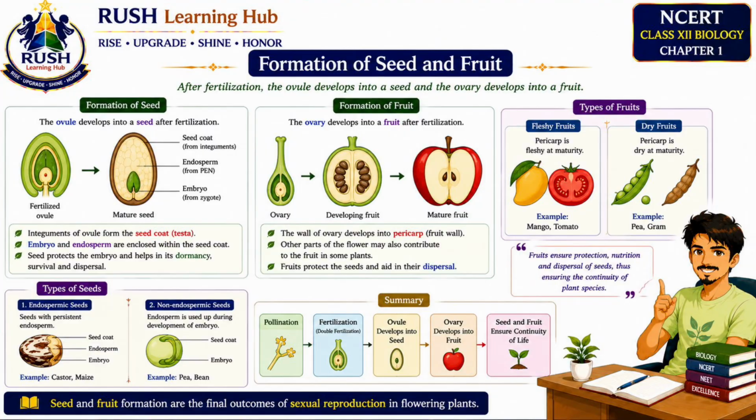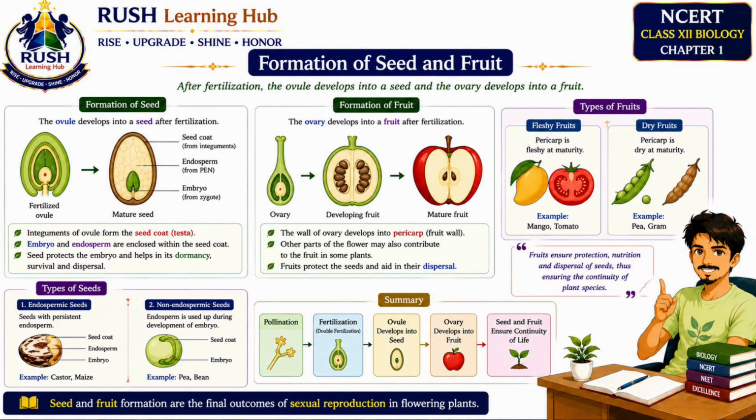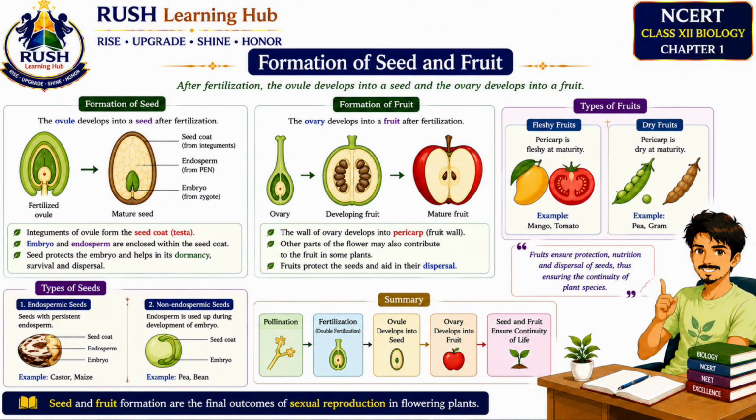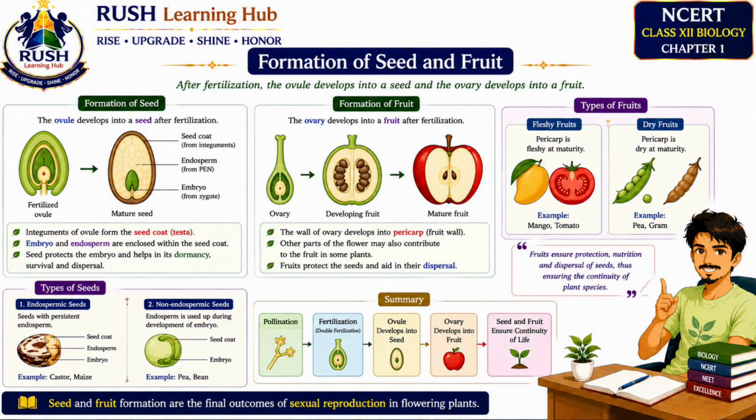Inside the developing seed, the zygote develops into an embryo, and the primary endosperm nucleus gives rise to the endosperm, which provides nourishment to the developing embryo. The protective coverings of the ovule, called the integuments, develop into the seed coat, which protects the embryo.